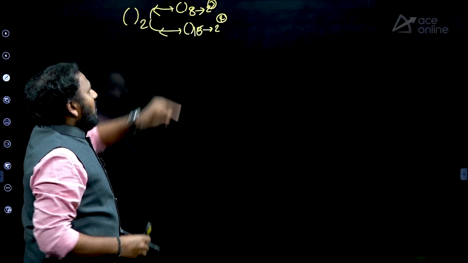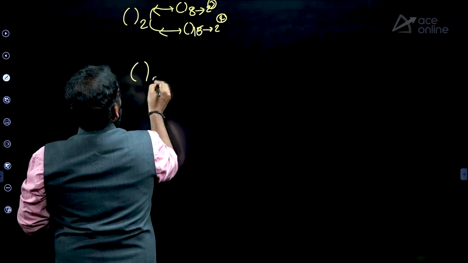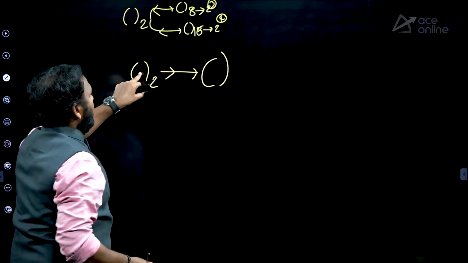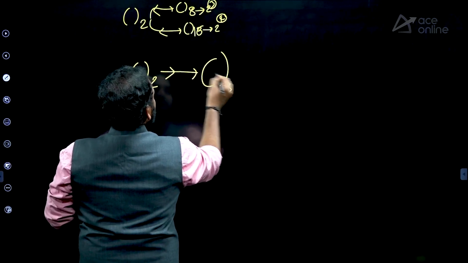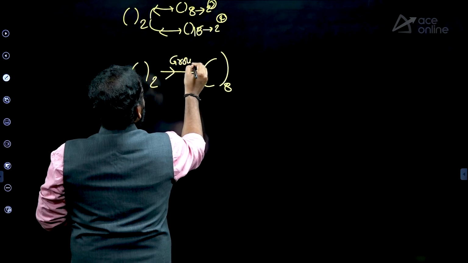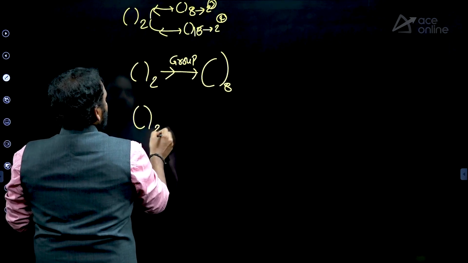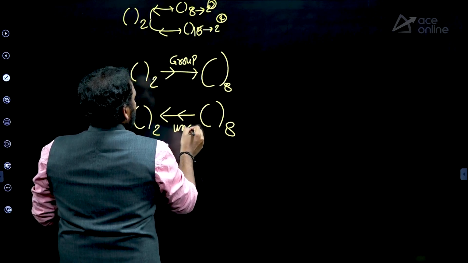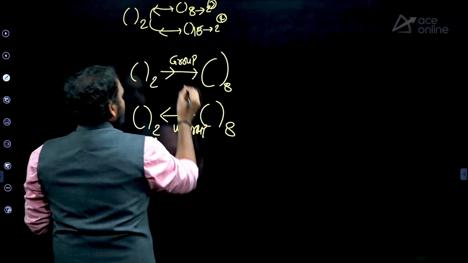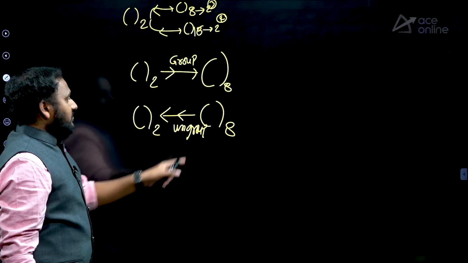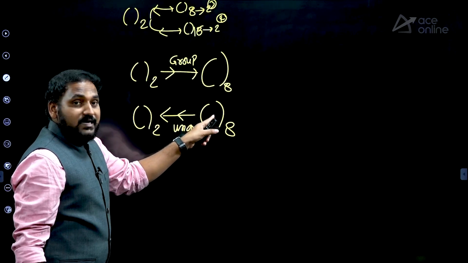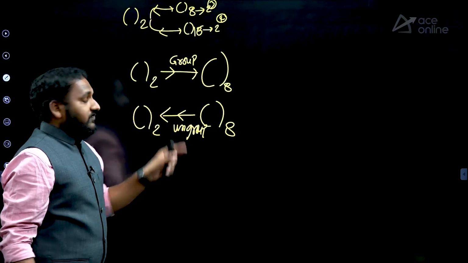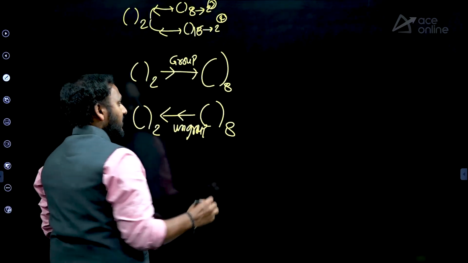So binary to octal is grouping: you take 3 bits into a single digit. The reverse, octal to binary, is ungrouping. Group and ungroup, like that I have created the keywords. For example, if it is 6, you write it as 110.